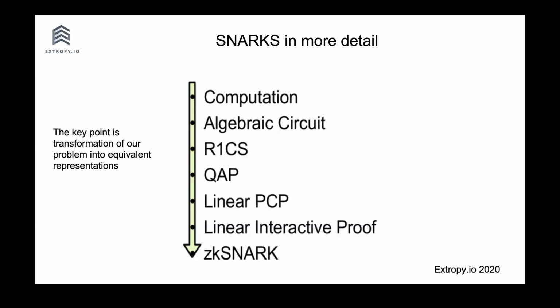But we transform that so that we can manipulate them in various ways, and then eventually we can produce a succinct proof with this representation that also has this feature of being zero knowledge. I will cover the first few steps of this in more detail. The last few steps get very complex. I'm really going to have to just skip over those.